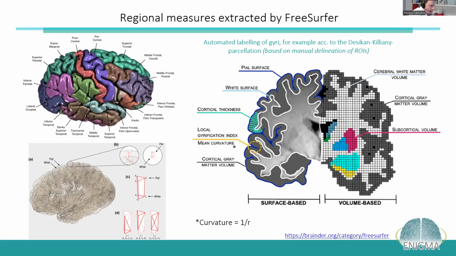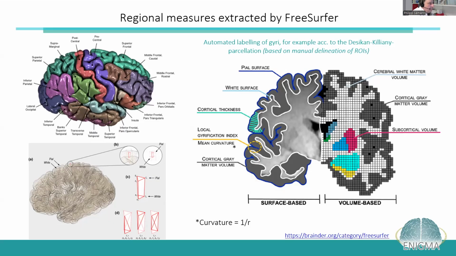Now, again, opposing these two segmentation techniques, on the left side, you can see that one important feature needed for regional morphometry is a parcellation. Parcellation means that you assign your brain regions to certain anatomical labels.